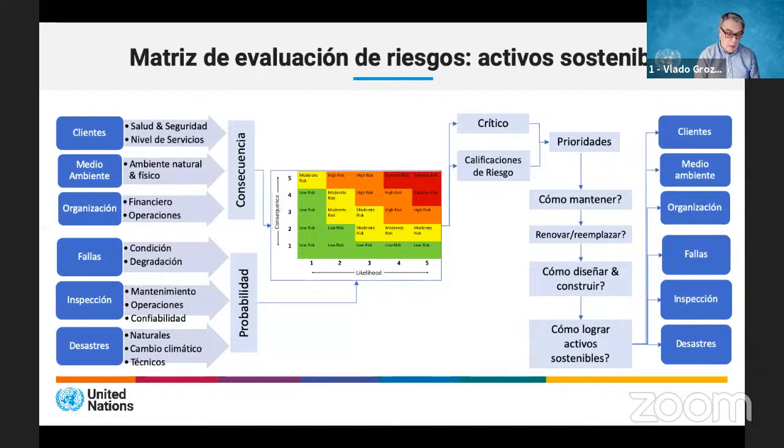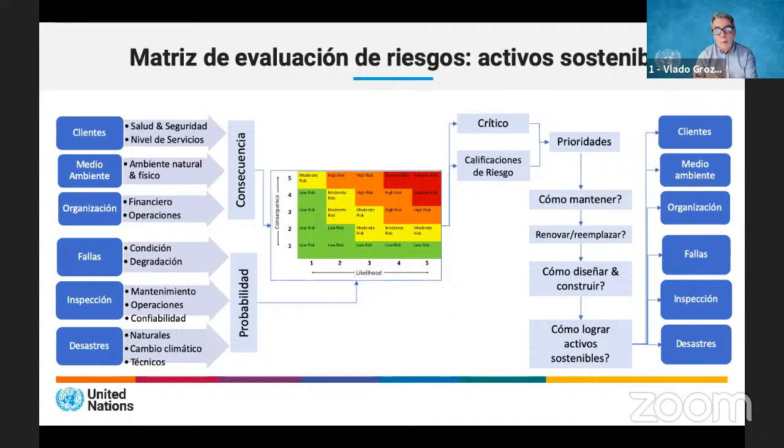We've discussed either the build back better principle, which is quite commonly used. It's not only for replacement, but some measures should be incorporated into design in order to achieve sustainability of our assets, which means it can be on customer service, environment, organization, failures, inspection, or disasters.